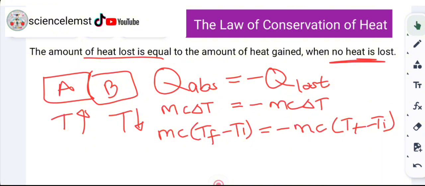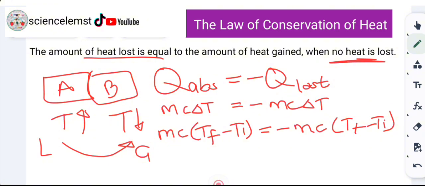It all boils back to the temperature difference. This one, because it has a higher temperature, it will then do what? It will then donate heat. So the moment it donates heat, it means this is going to be lost and this one is going to be gained.